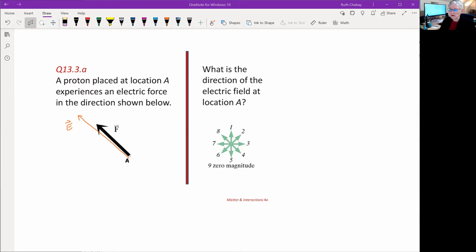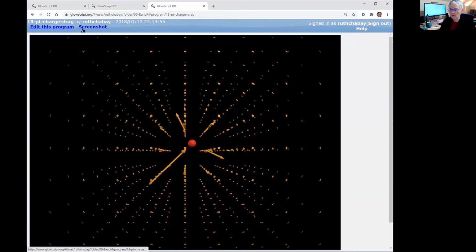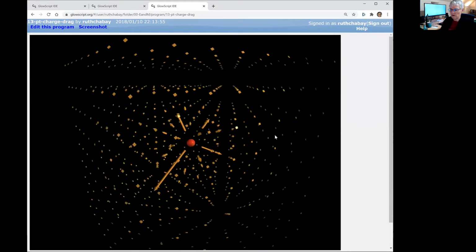So let me show you a Python program. What we've got here is a positive charge making an electric field everywhere in space.